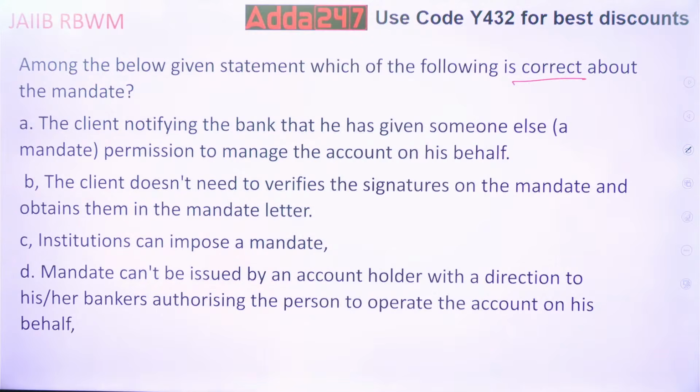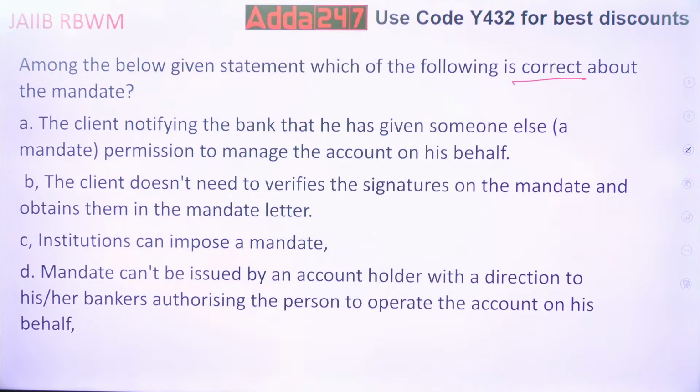Now, what is a mandate? Options: the client notifying the bank that he has given someone else permission to manage the account on his behalf; the client doesn't need to verify the signatures on the mandate and obtains them in the mandate letter.